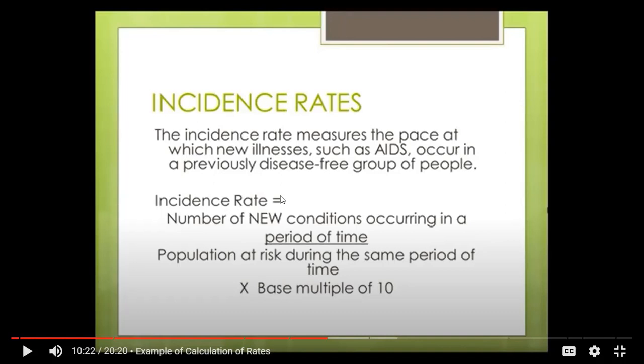So what is the formula they use? Number of new conditions occurring in a period of time, right? Population at risk during the same period of time, and multiply by a base multiple of 10.